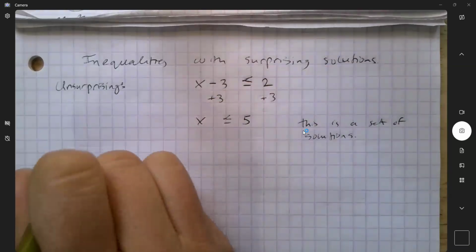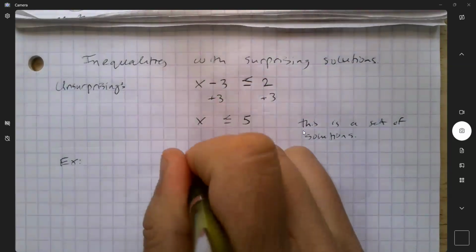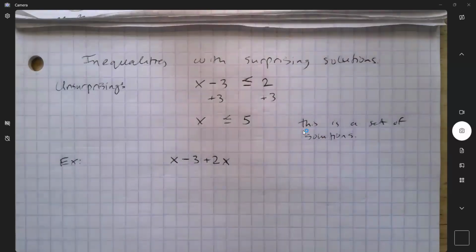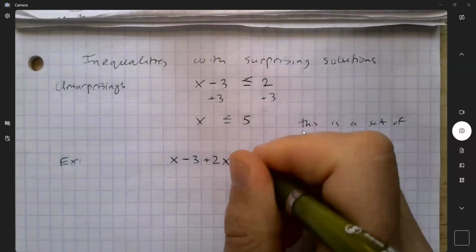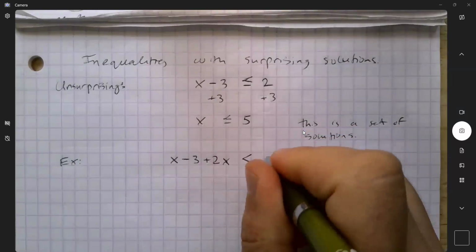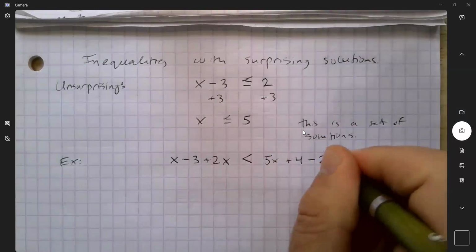Here's an example of a surprising inequality. x minus 3 plus 2x is less than 5x plus 4 minus 2x.